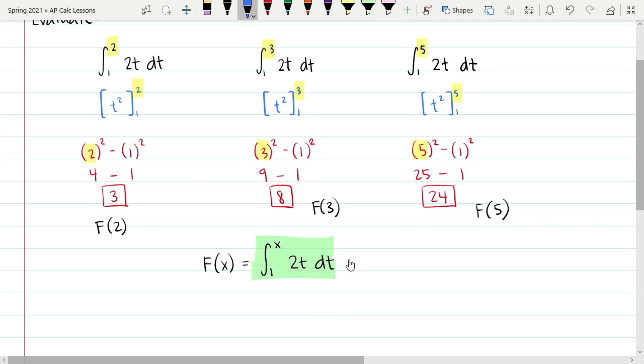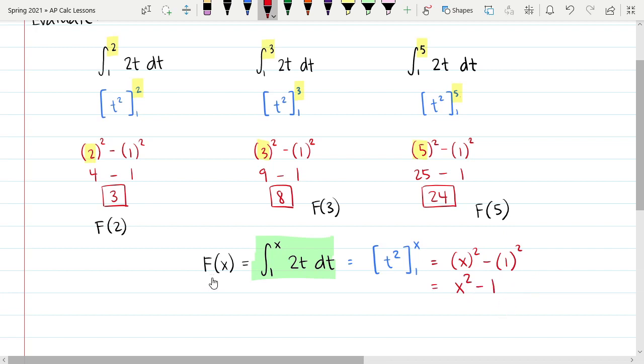This would still be the antiderivative of 2t, which is t squared, but now we're evaluating it from 1 up to x. When I evaluate that, it becomes x squared minus 1 squared, and ultimately we just get x squared minus 1.